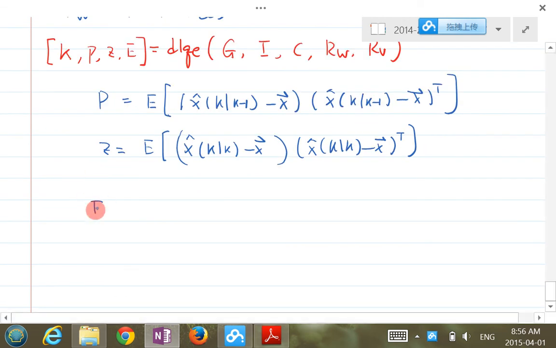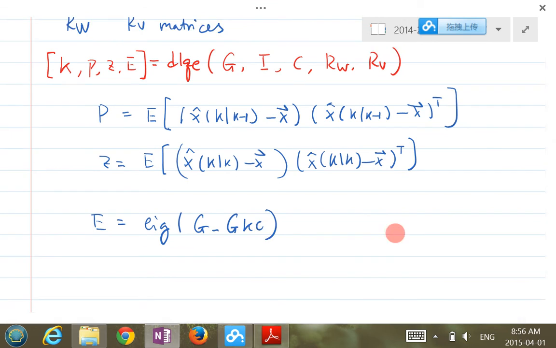So the E here is the eigenvalue of G minus G K C. That can be derived, and if you want, I can show you. So that's how you use DLQE. If you don't care about P, Z, E, you can just let K equal to this. That's it. All good?